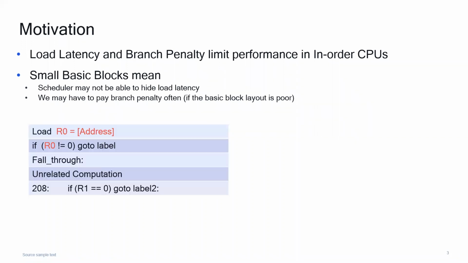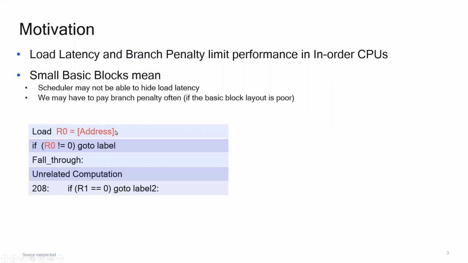For instance, we have a code like this where we load from an address into the register R0, and then we branch depending on whether R0 is 0 or not. If R0 is not equal to 0, then we take a branch, or if it is equal to 0, then we go through fall through computation, where we have some unrelated computation, and then we take another branch.